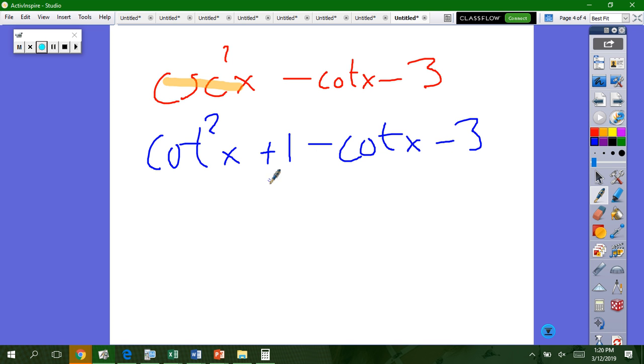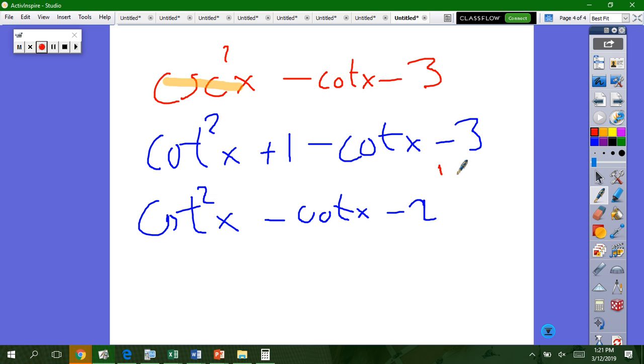Yeah. Now I could say this is cotangent squared of x minus cotangent of x minus 2, correct? I don't know about you guys. What would you do if it looked like this? u squared minus u minus 2. I think I'd factor like a freaking tractor.